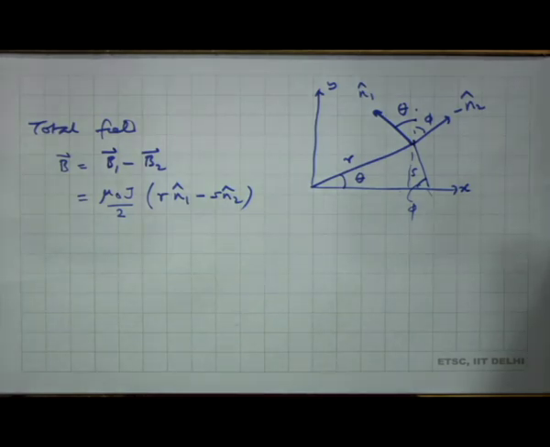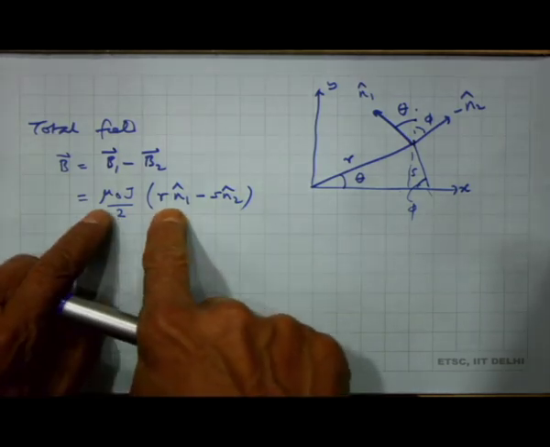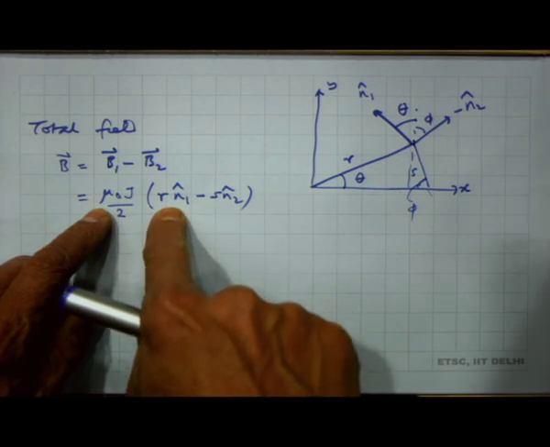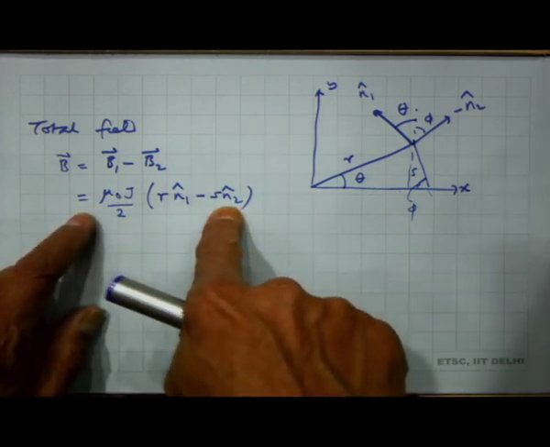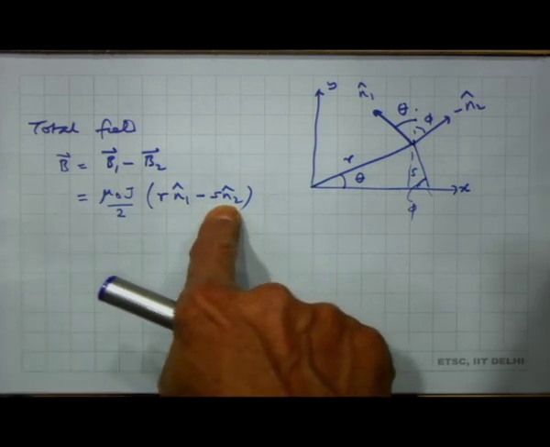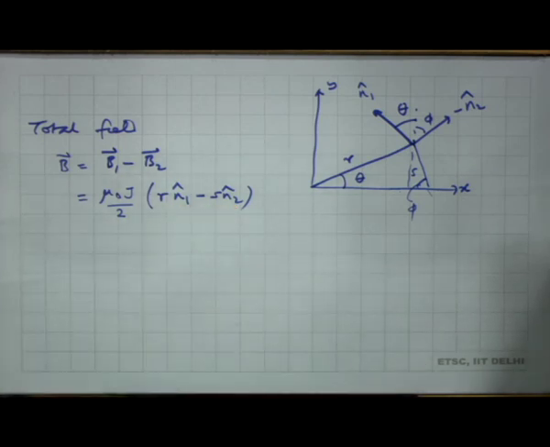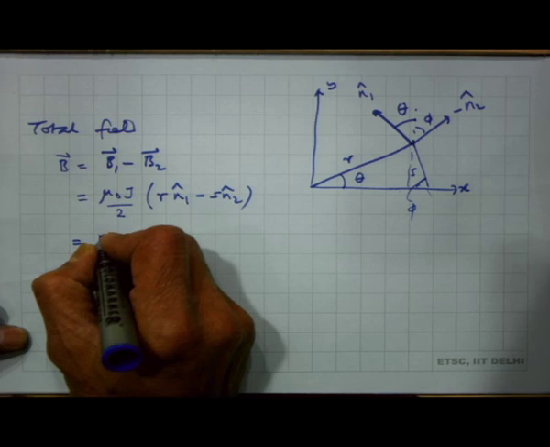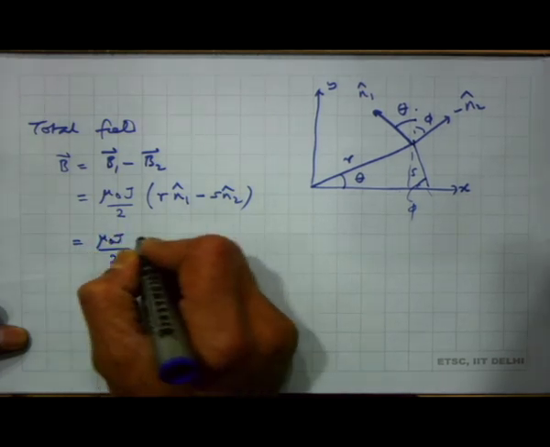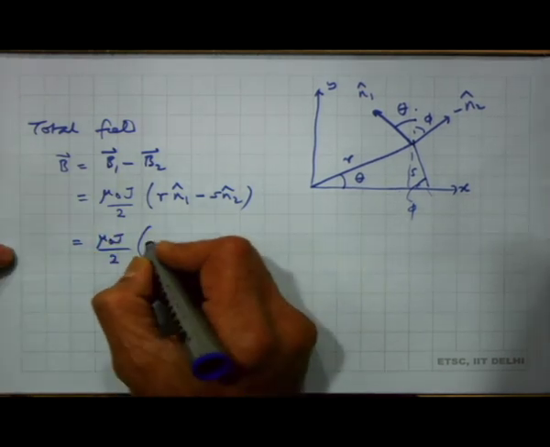So, the total magnetic field is, this is the magnetic field produced by the solid conductor without the hole, this is the magnetic field produced by a conductor of radius a corresponding to the hole. So, if I remove that component, that magnetic field portion, I will get the magnetic field produced by the conductor with the hole. So, now let me write in terms of components. So, this is mu 0 j by 2. Now, R times n 1 cap.